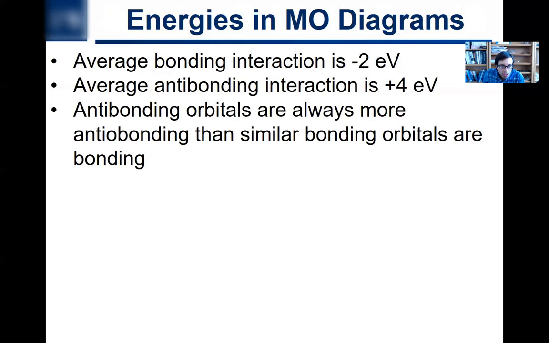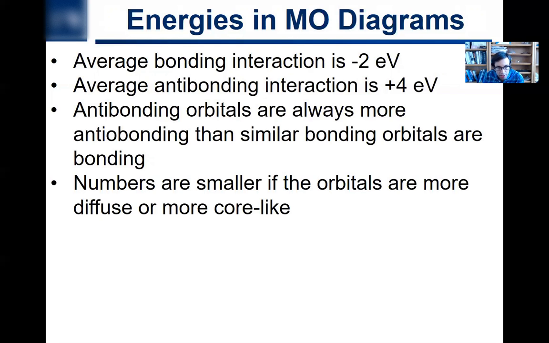And the other point here is that antibonding orbitals are always more antibonding than similar bonding orbitals are bonding. These numbers will be smaller if the orbitals are more diffuse, i.e. you're going down on the periodic table. Now you can't have as effective overlap between the orbitals because the electron probability is more spread out.